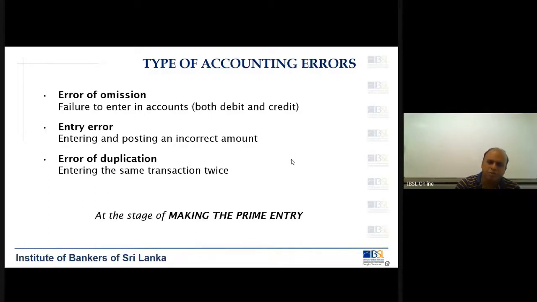Error of omission means you have not taken the balance and posted it into the ledger. Entry error means you have taken it correctly from the prime entry books, but in posting it to the ledger, you have posted a wrong amount. Thirdly, you have taken it from the prime entry books, but you have entered it twice. So that happens at the stage of making the prime entry.